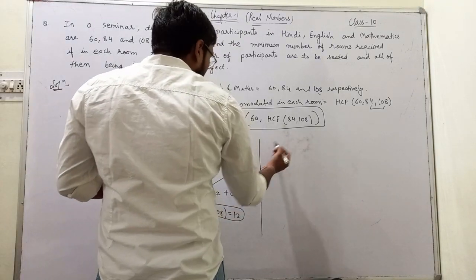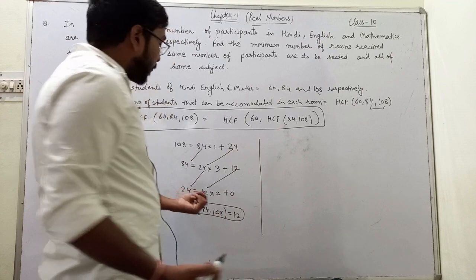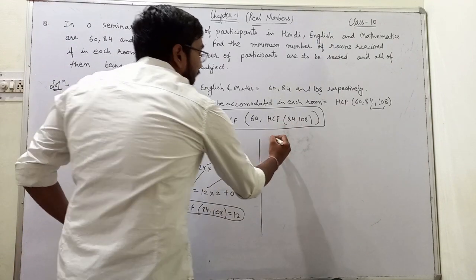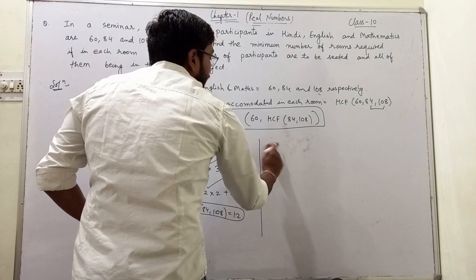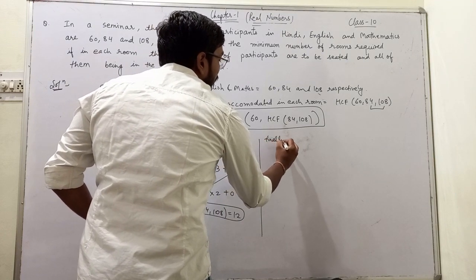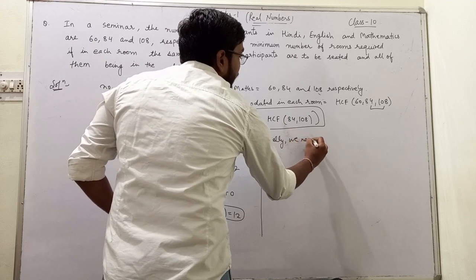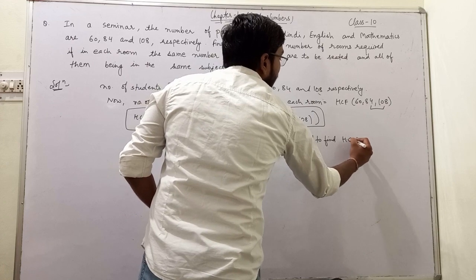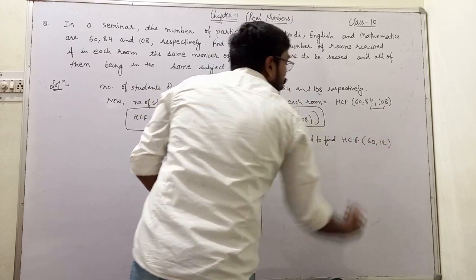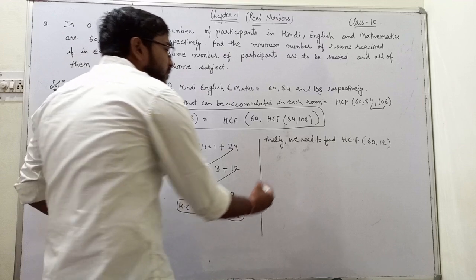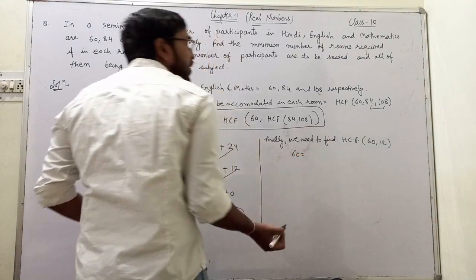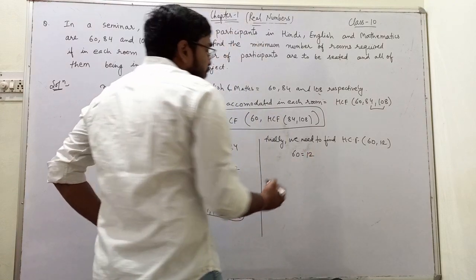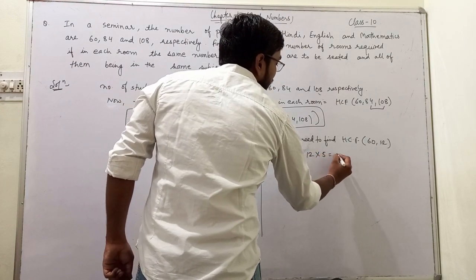Now we need to find the HCF of 60, 84 and 108. So now we will place this 12 in place of this part. Finally, we need to find the HCF of 60 and 12. 60 being the greater part will become the dividend, and 12 being the smaller part will become the divisor, and 12 fives are 60.